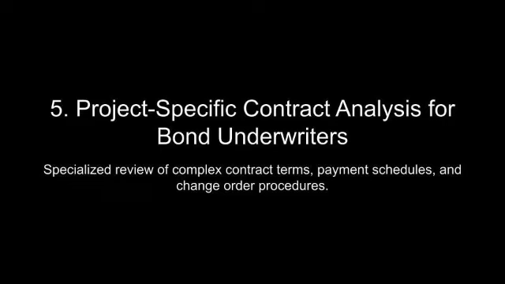To mitigate these risks, underwriters must adopt a proactive approach to evaluating dispute resolution clauses. This begins with a detailed review of the contract to ensure that the clauses are clear, enforceable, and aligned with the interests of all parties, including the surety. Key considerations include the specificity of the clause language, the fairness and neutrality of the chosen venue, and the compatibility of the dispute resolution process with the project timeline and risk profile.